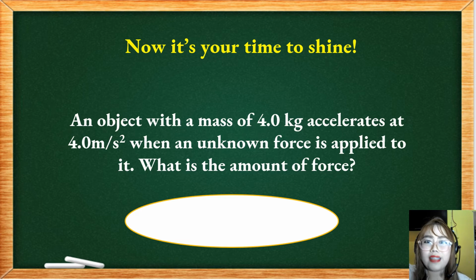Okay, what's the answer? Do we have the same answer? Great! The answer is 16 kg meter per second squared, or 16 Newton. Wow! It shows you understand the lessons well.